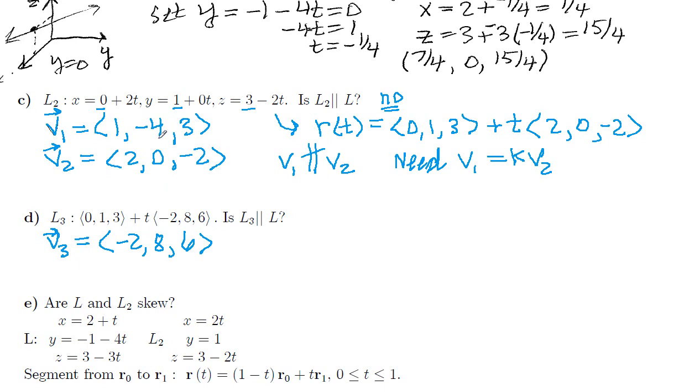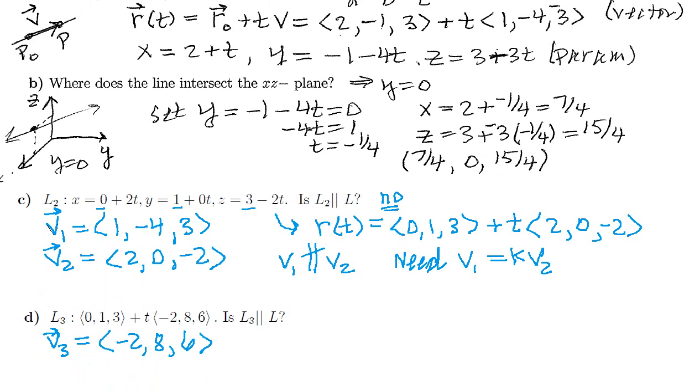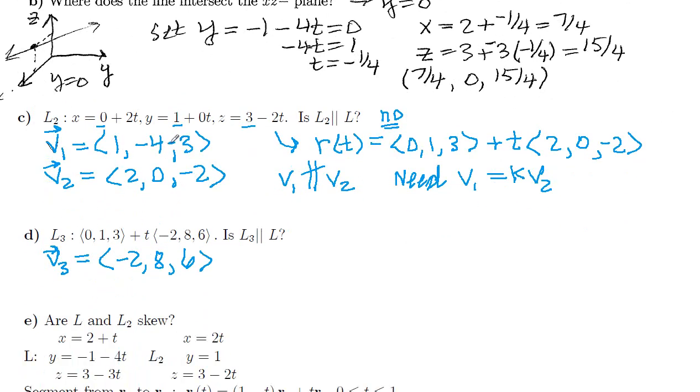If you multiply by -2 here and here, you'll get your 8 and your 6. So notice that this is -2 times the direction vector v1. So yes, those are indeed parallel.